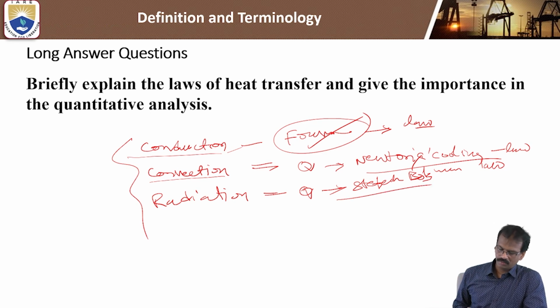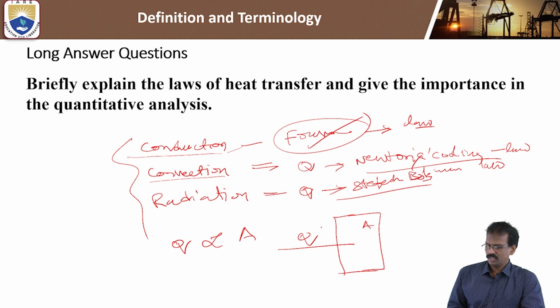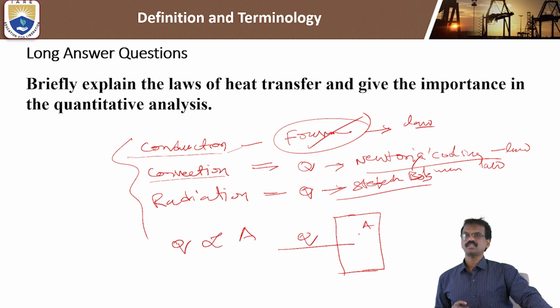According to Fourier's law, the rate of heat transfer Q is directly proportional to the area, suppose this is a homogeneous body, which is normal to the direction of heat flow.